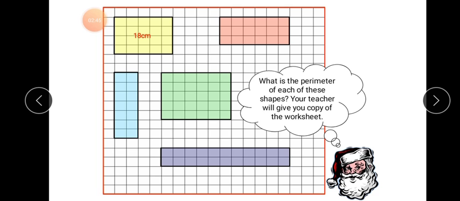Similarly if you count all the squares around this shape, we will get the total perimeter. The second one is 18. For the third shape, perimeter is 18. The fourth shape is 22 and the fifth shape is 26. It is very simple, you just have to count how many squares are there around the shape.